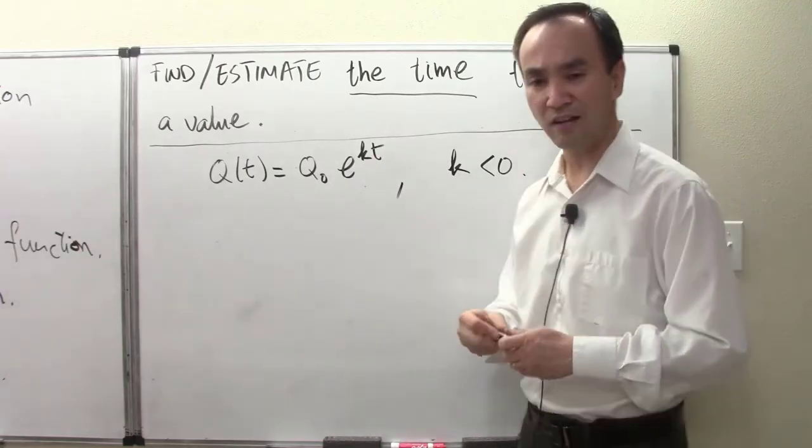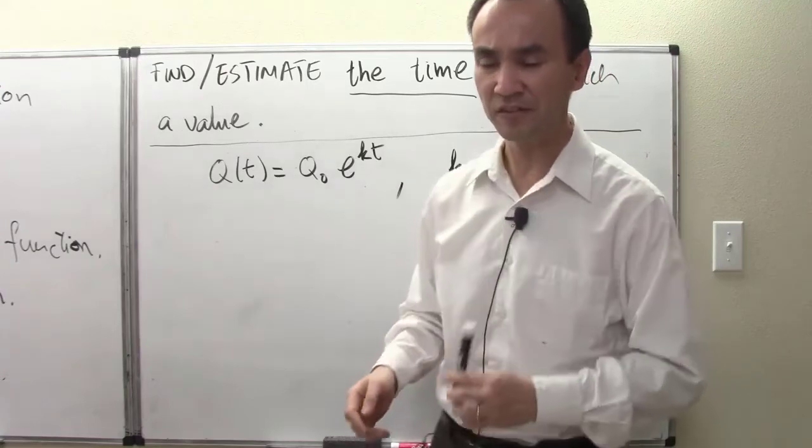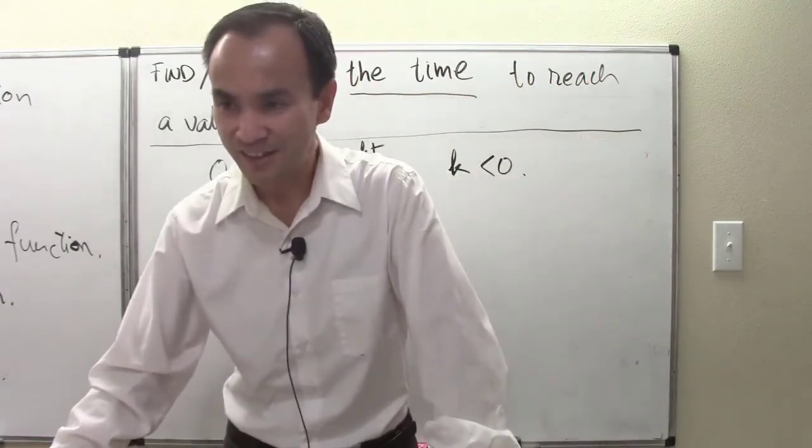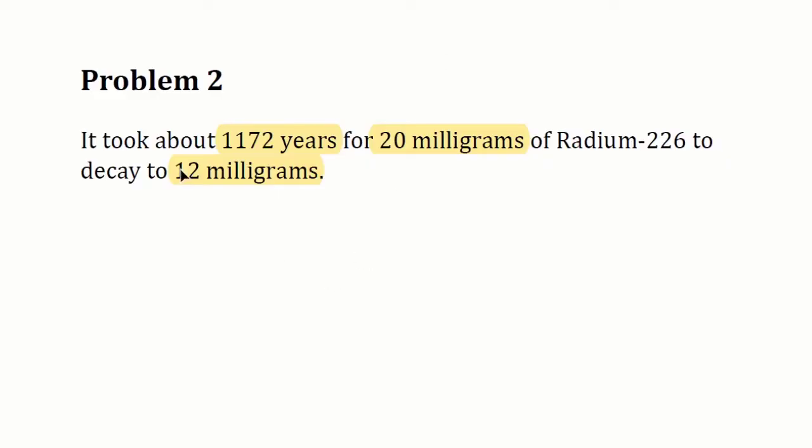All right, so now let's swing back to the problem and identify some more data. It took about 1172 years for 20 milligrams of radium-226 to decay to 12 milligrams.